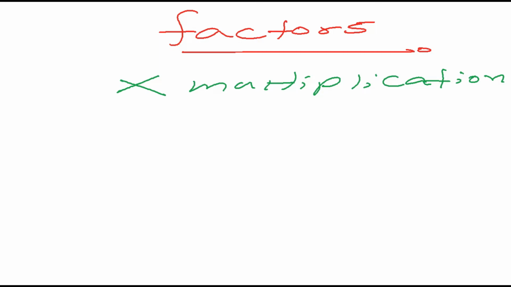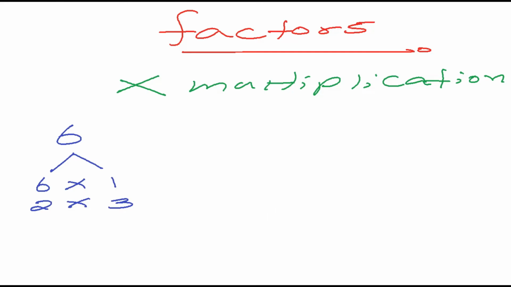Let's try some examples. Let's try number 6. How can we rearrange number 6 by only using multiplication? I can simply write down 6 into 1. Yes. Are there any other ways? Yes, of course. We can write down 2 into 3. Are there any other ways?